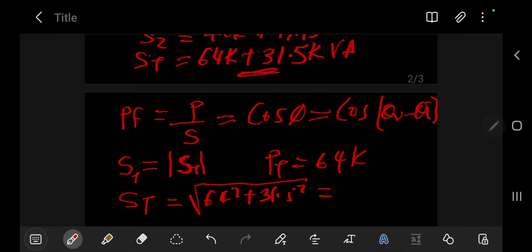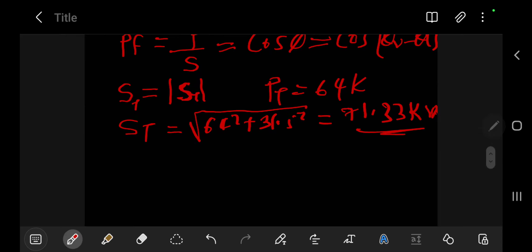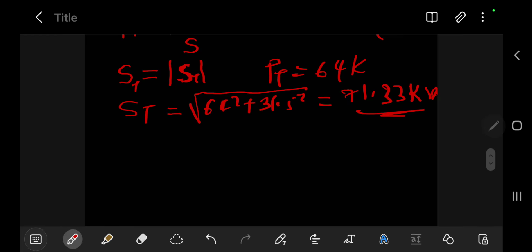We want to say 64 squared plus 31.5 squared, and the square root of that gives 71.33, and this is in K volt-ampere. Yes, so you have everything.